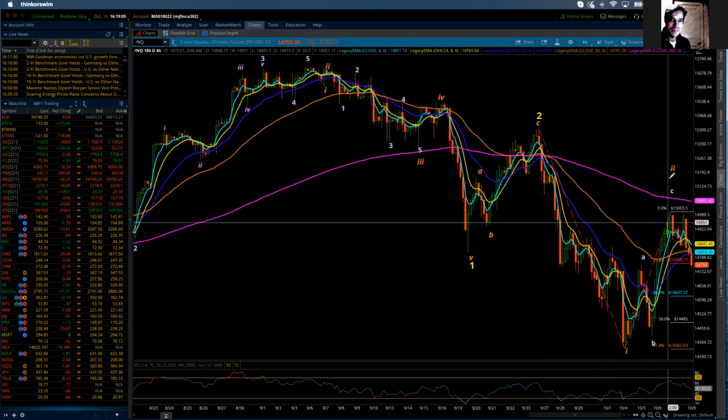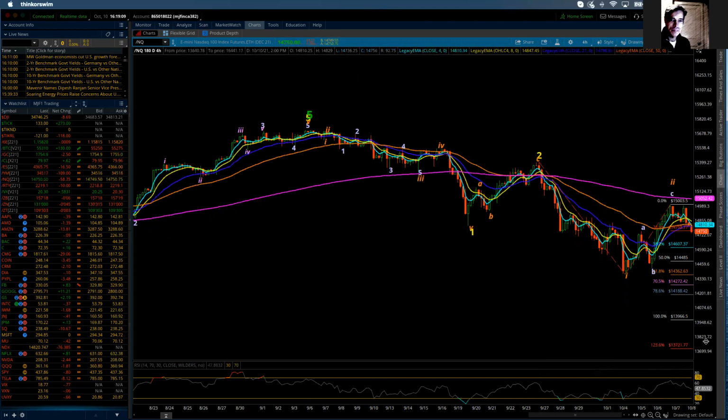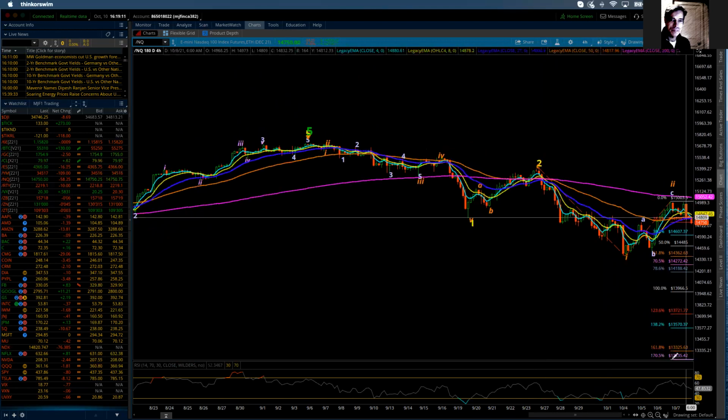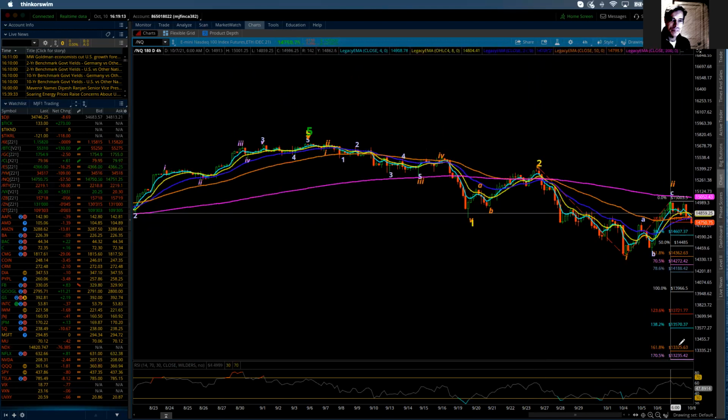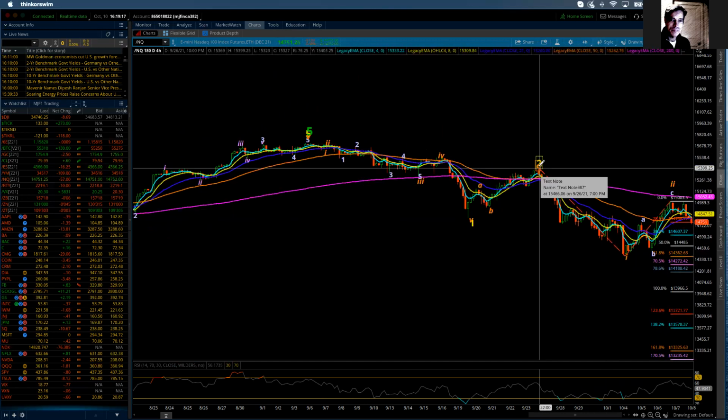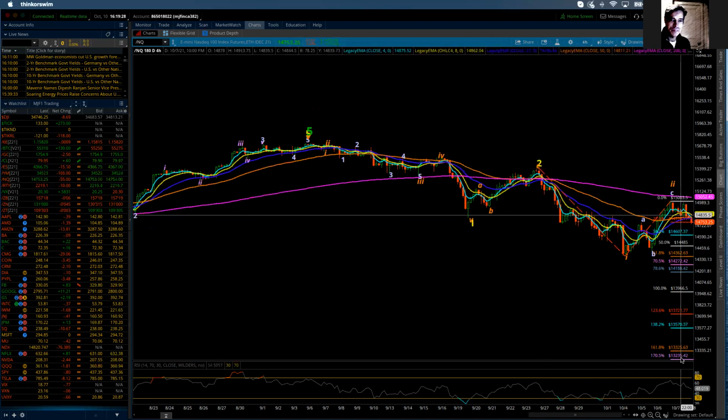I'm thinking that just its internal third wave might be done at 13,325. All right. This started at 15,399. So I'm looking for 1,000 more. I'm looking for a lot of points to be shed coming off. That's the type of move I'm looking for now.